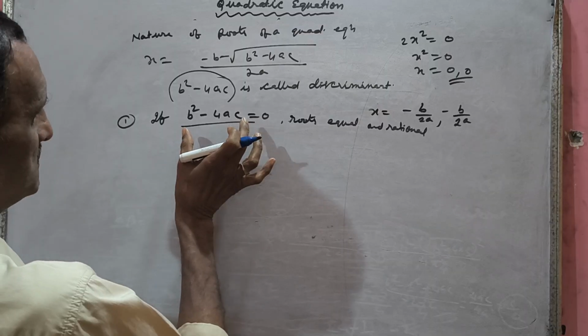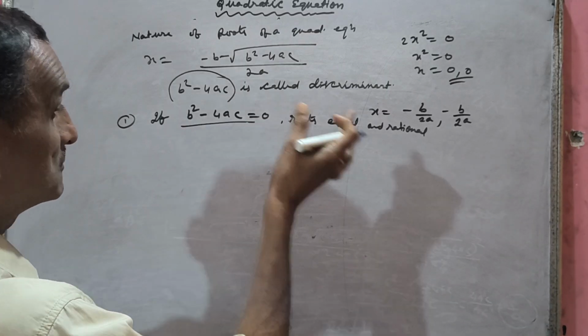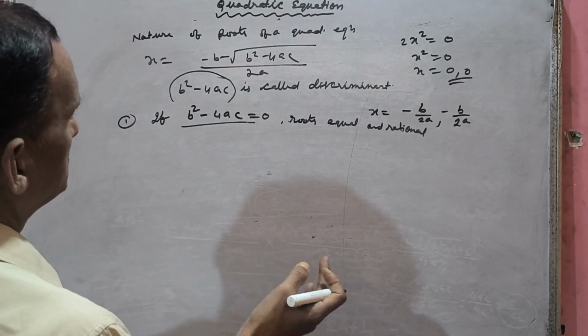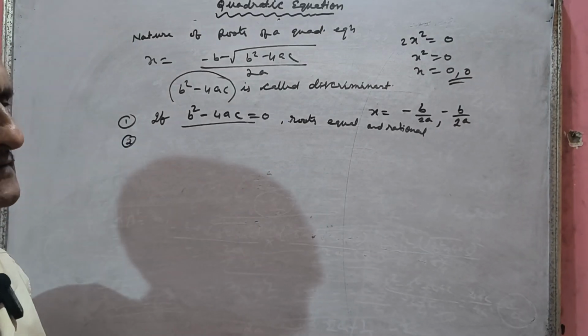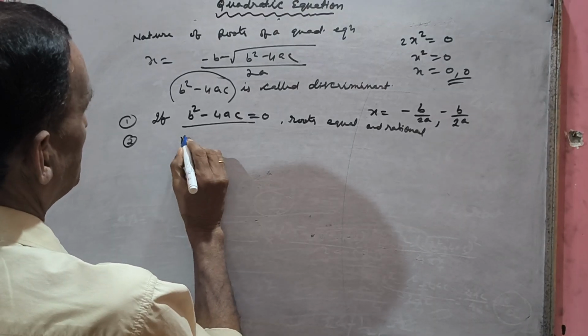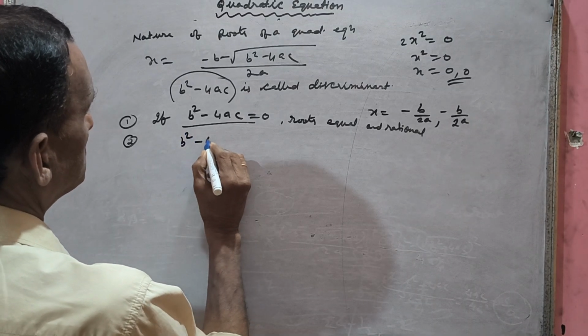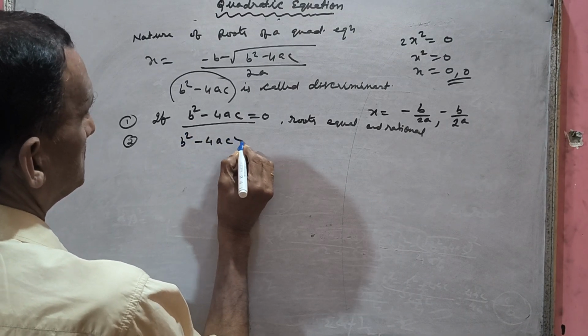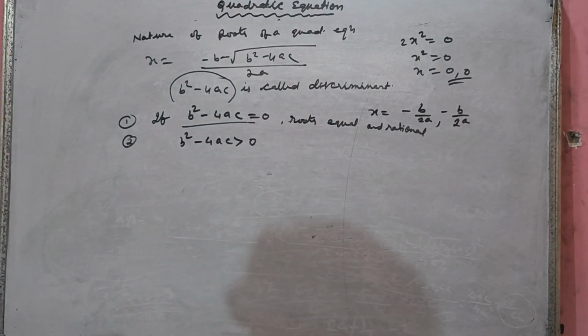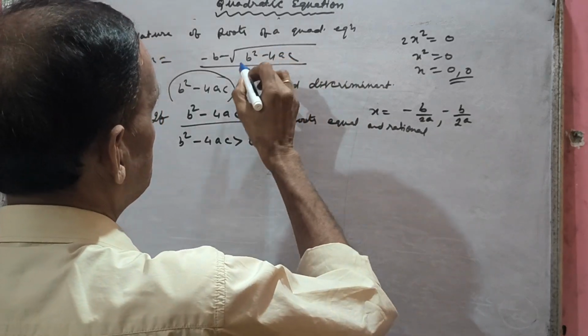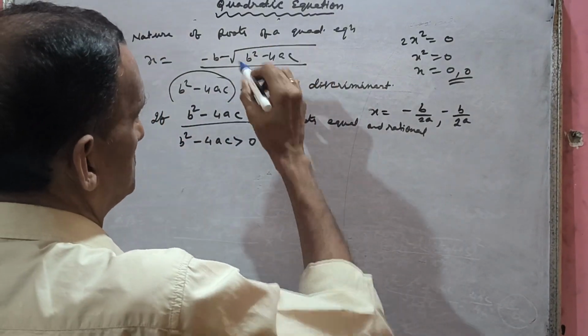Now b square minus 4ac may not be equal to 0. Second condition: if it is not equal to 0, then again 2 conditions. It will be either greater than 0 or less than 0. So let us take first greater than 0. Greater than 0 means, see, this is always under root in the formula.